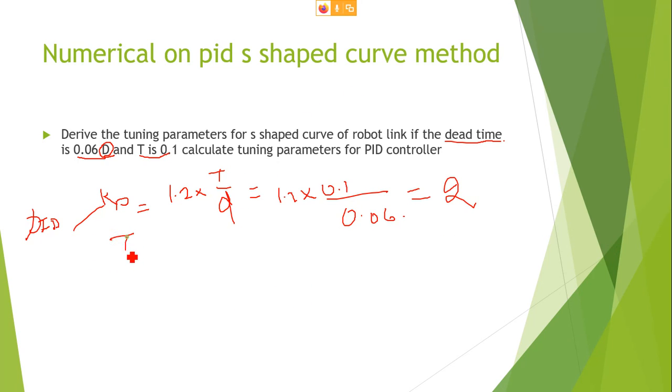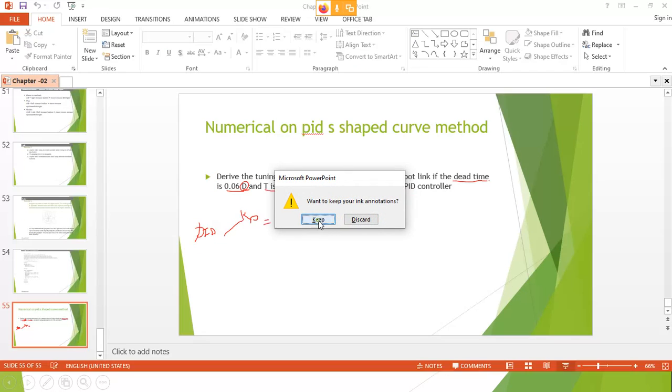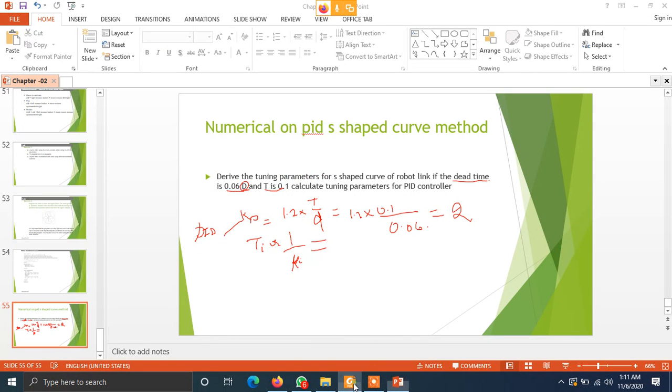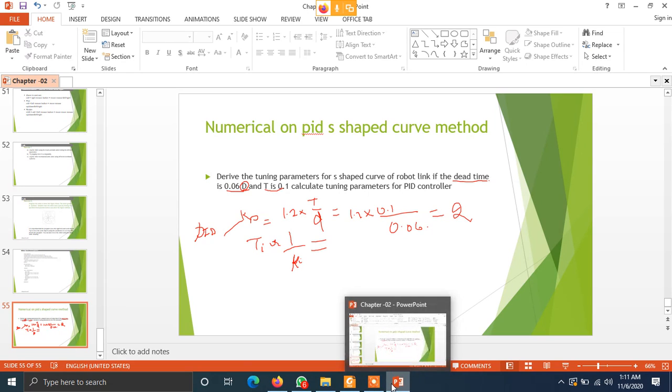Then what is Ti, or 1 by Ki? That is the integral time constant. What is the value? Last class you might have noted, no? How will you calculate this? It is 2L. So 2L is 2 into L, where L is basically the dead time.